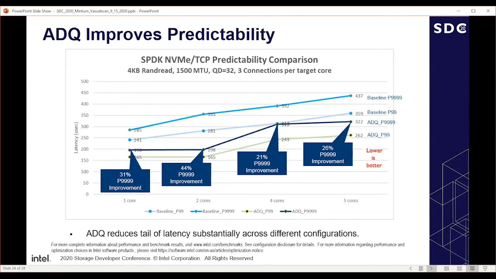So in essence here, ADQ reduces tail latency substantially across different configurations. And like I mentioned earlier, this is for the same configuration of 4K random read, 1500 MTU and queue depth 32 with 3 connections per target core.